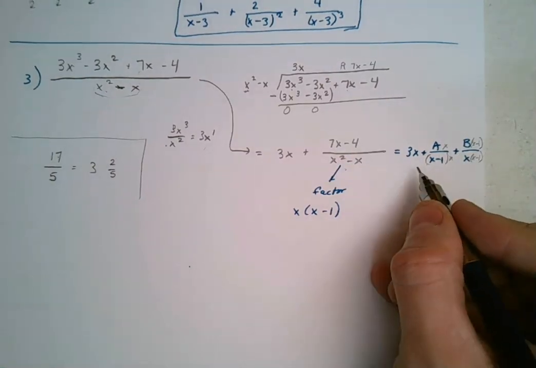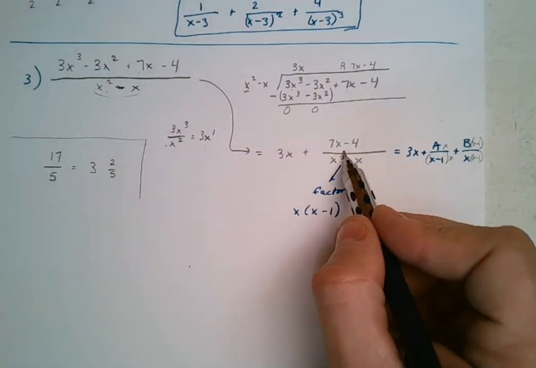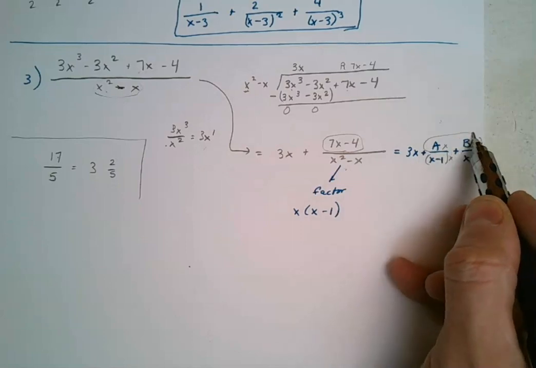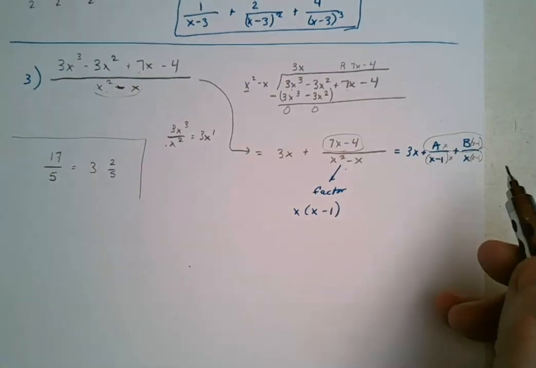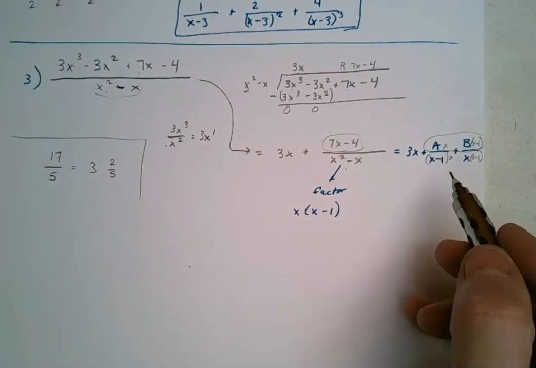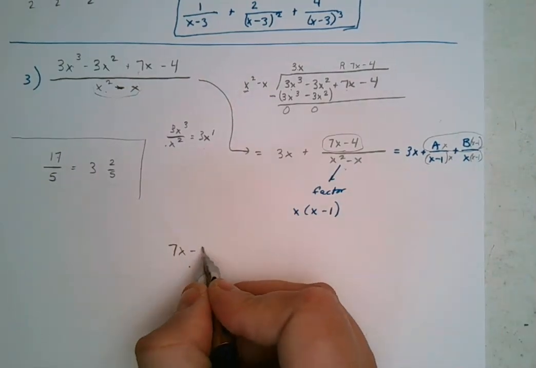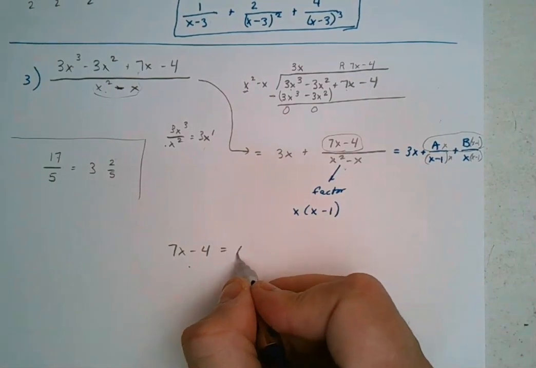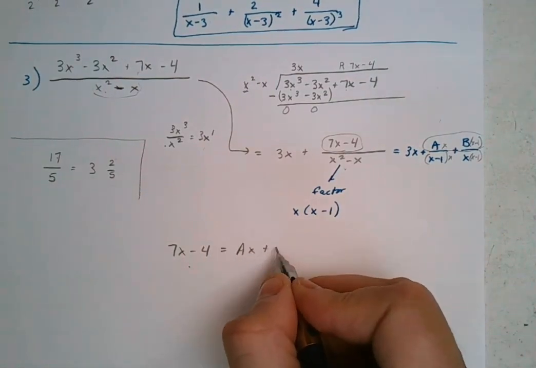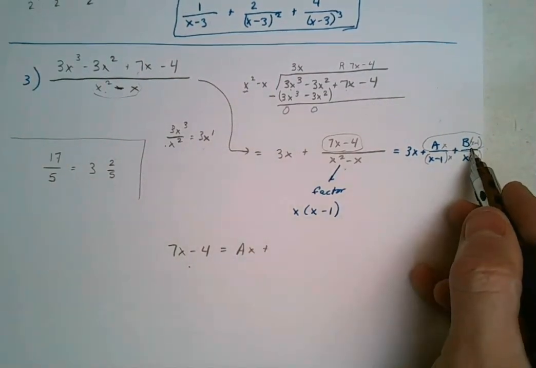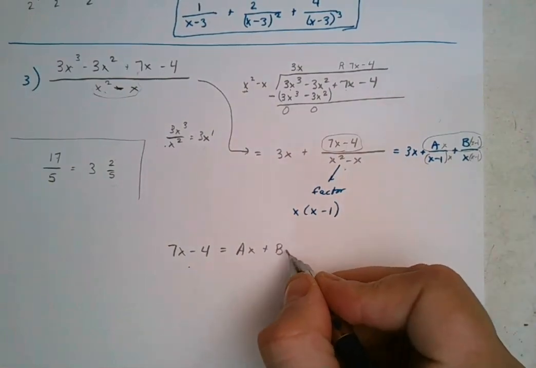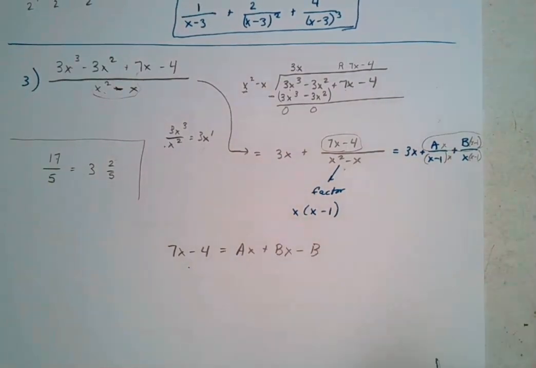Really, we're worried about this part right here. The 3x's are the same, the denominators are the same. So we end up with 7x minus 4 equals Ax plus, and I'm going to go ahead and distribute this, and so I'm going to get Bx minus B. Okay, Ax plus Bx minus B.